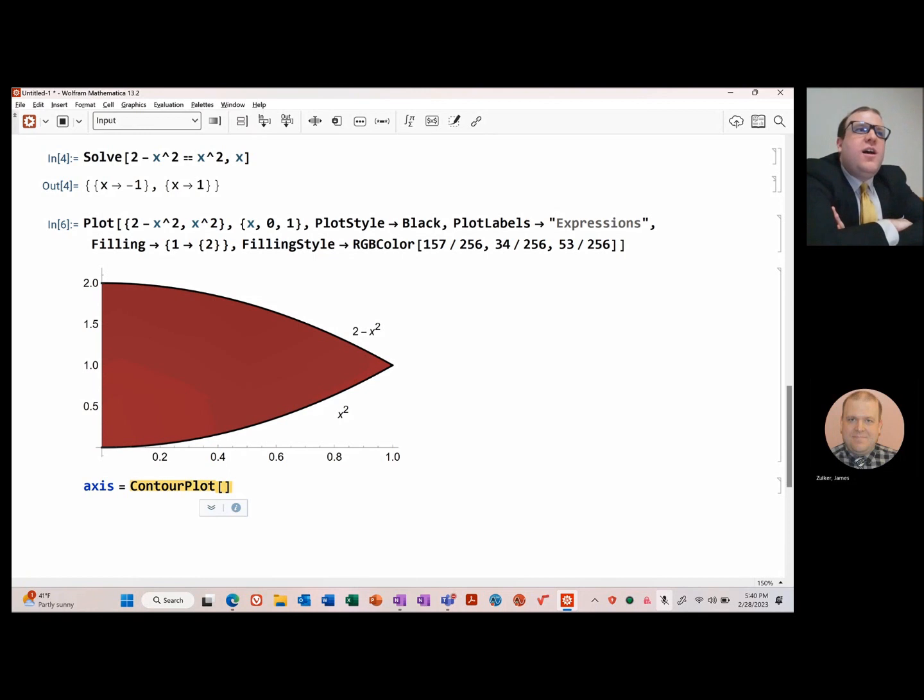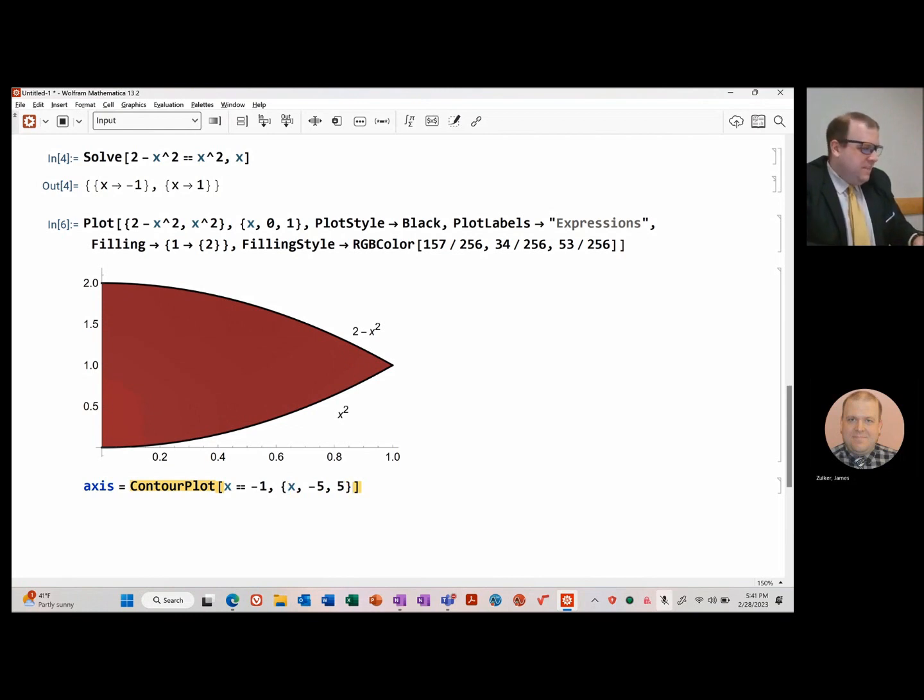You have to do a contour plot because you're plotting a vertical line. Can't do that with a regular plot. Go from -5 to 5.